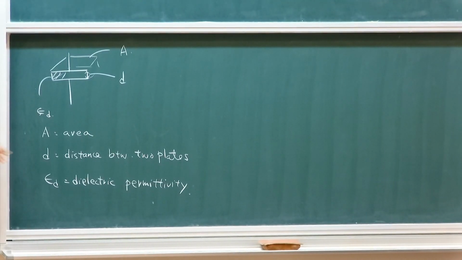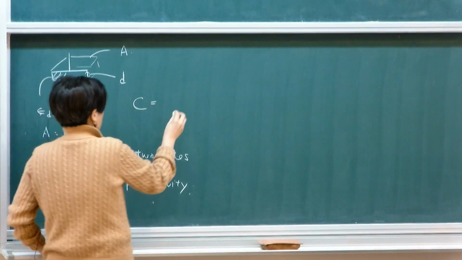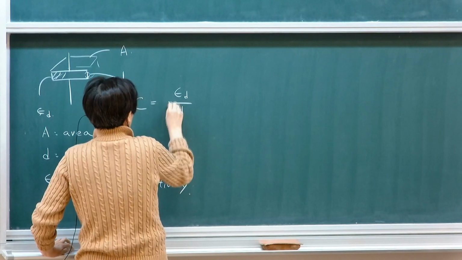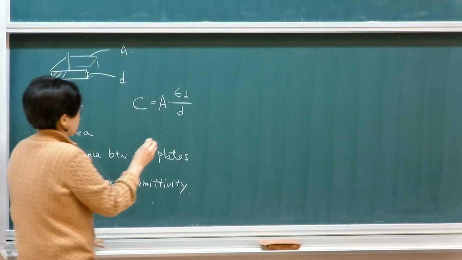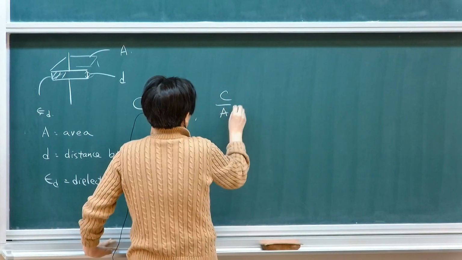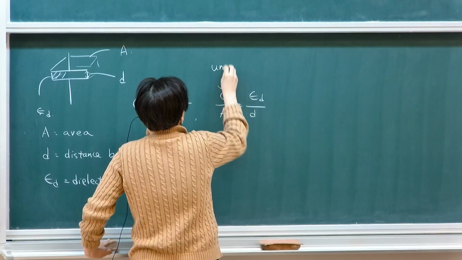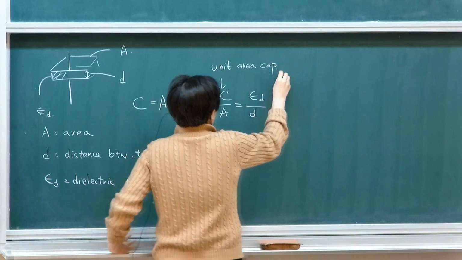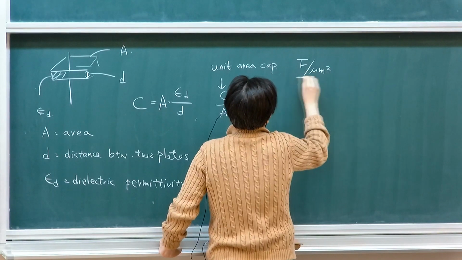Right? So what is the capacitance once this is defined? C equals to what? Correct. So this is the unit area times this. In our discussion, we typically use unit area capacitance, which is C over A. This is the unit area capacitance in the unit of farad per, for example, micrometer squared.